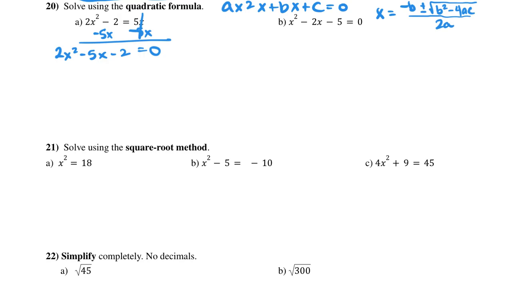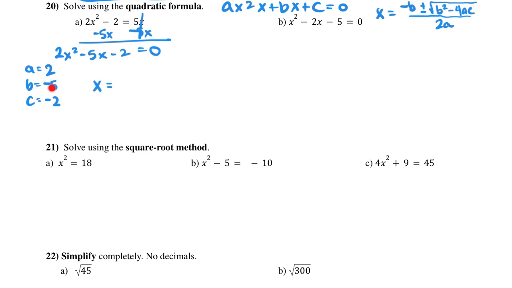And then when I'm doing the quadratic formula, I'm going to write down my a, b, and c. So my a value is 2. My b value is negative 5 because we keep that sign with our number. And my c value is negative 2. So I would have x equals the opposite of b.